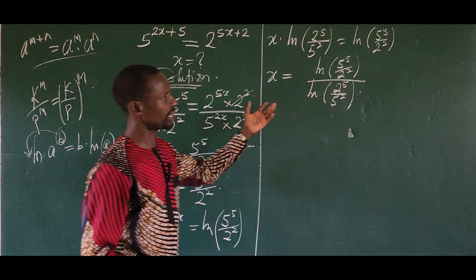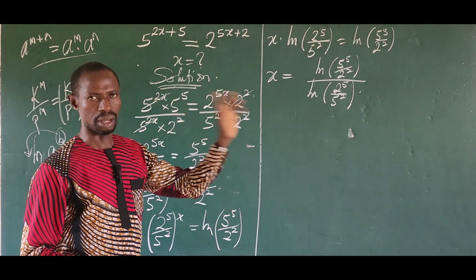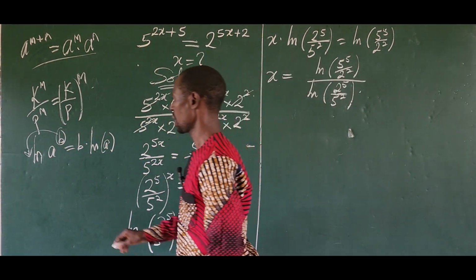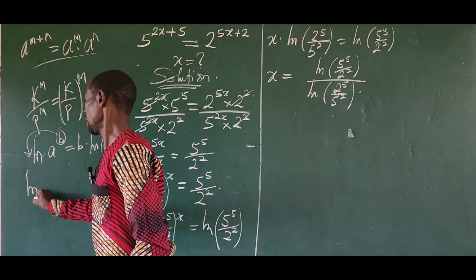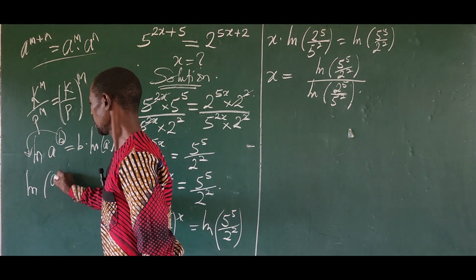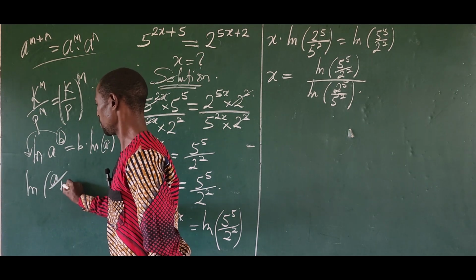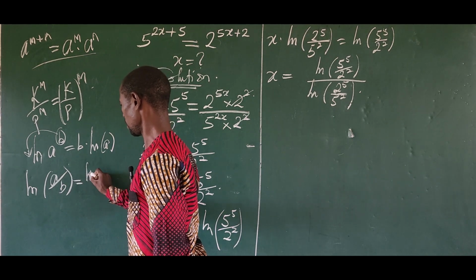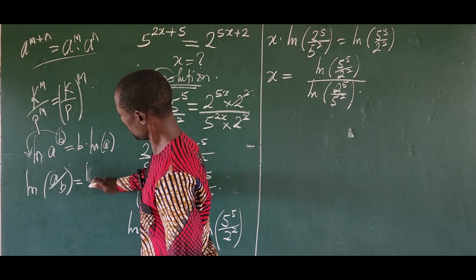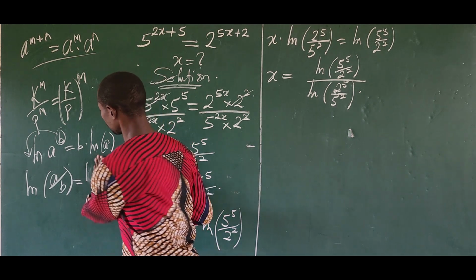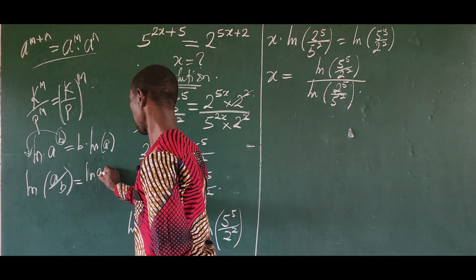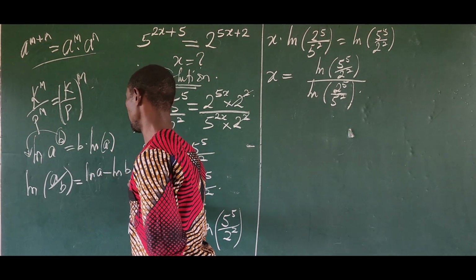We just have to apply the simple law of logarithm again, which is called the division law of logarithm. We say that when you have the ln of a all over b, this is equal to the ln of a minus the ln of b.